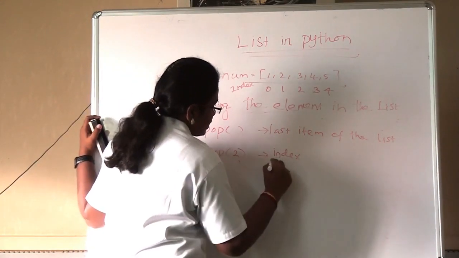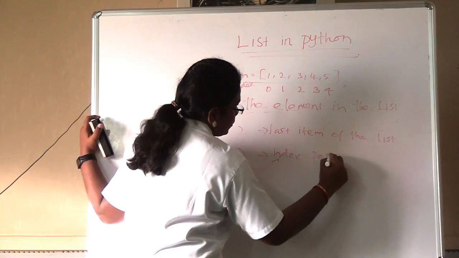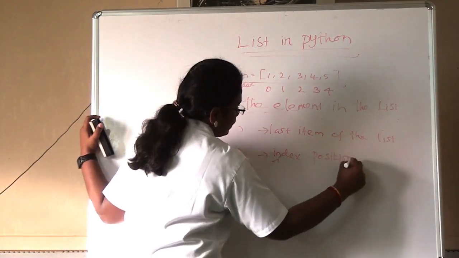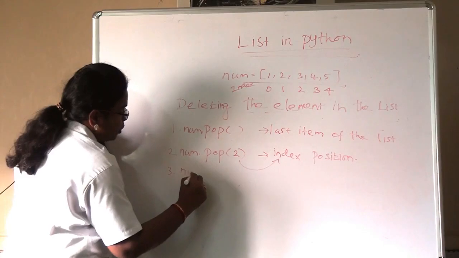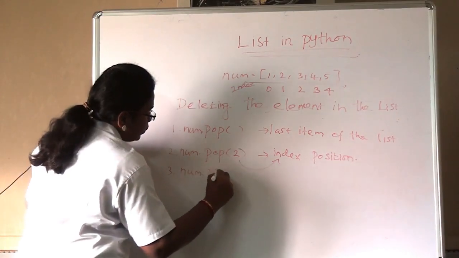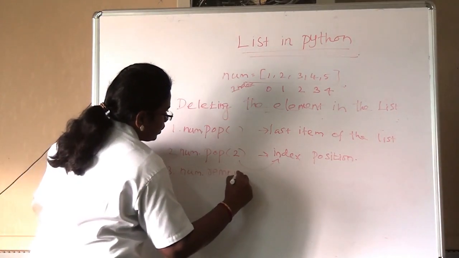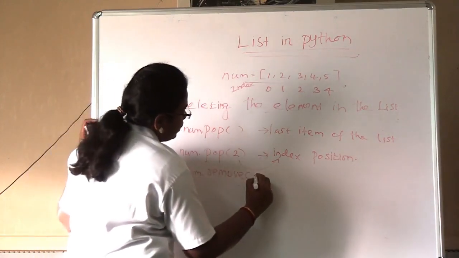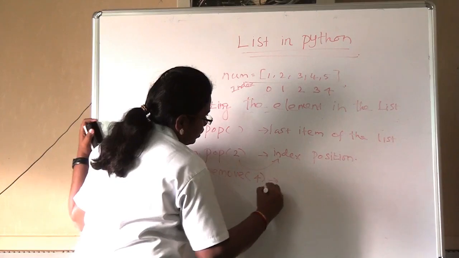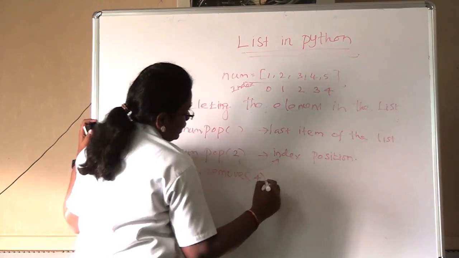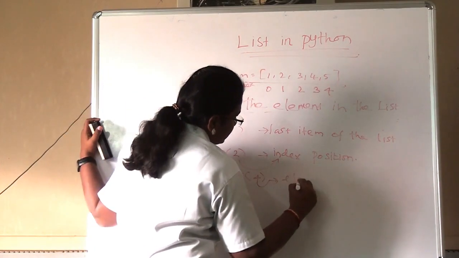The 2 is the index position. And then the third method is remove. Num dot remove of the particular element, for example, 4. This will indicate the element.